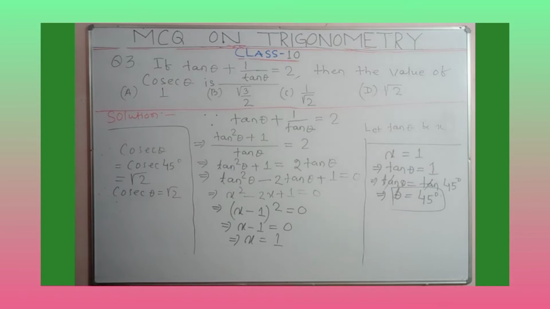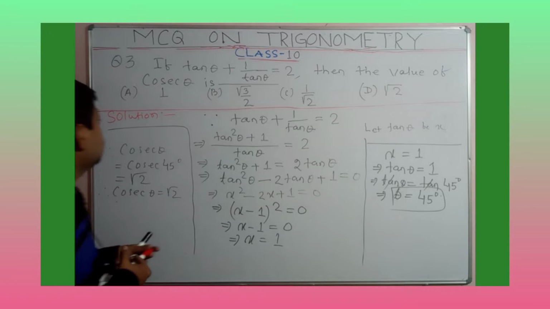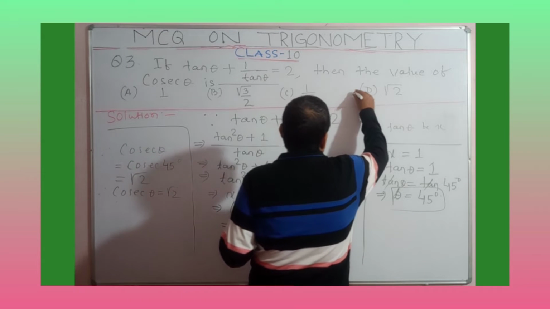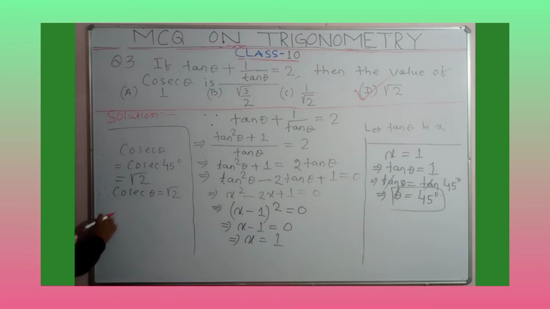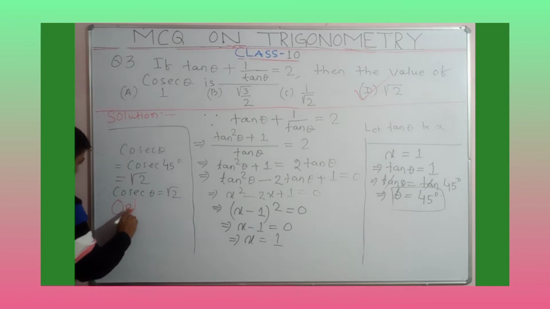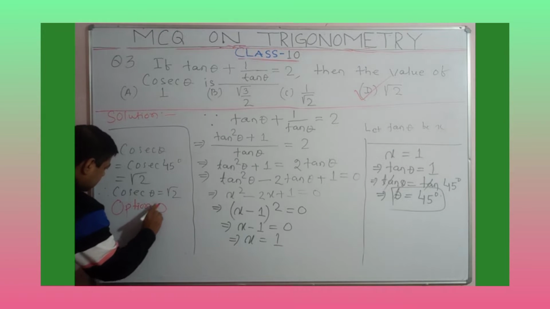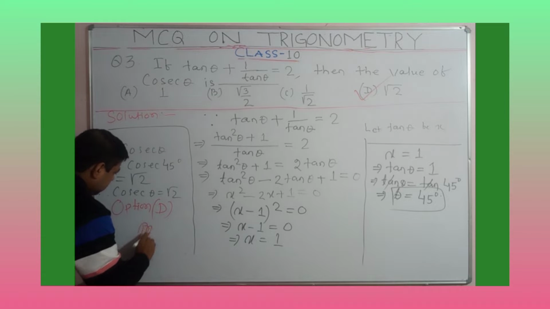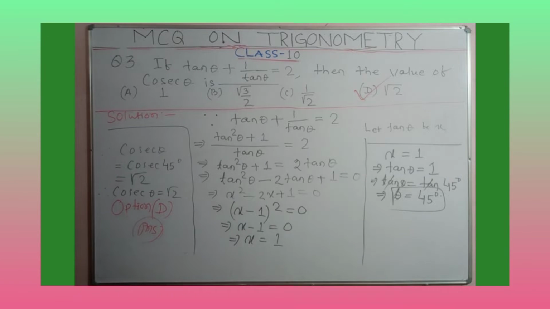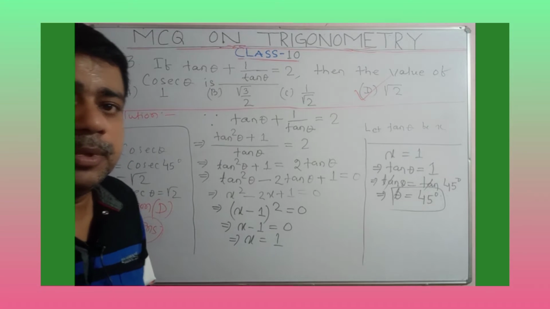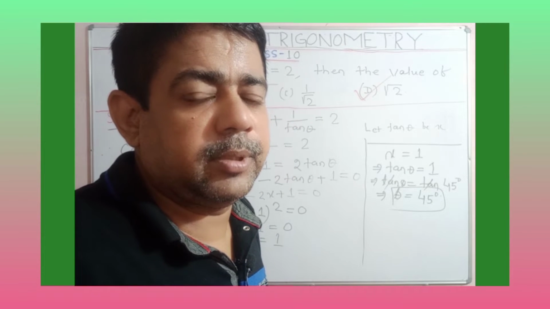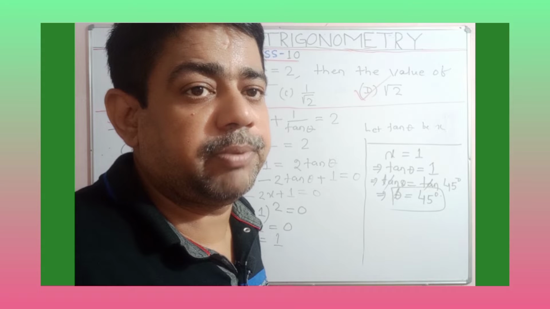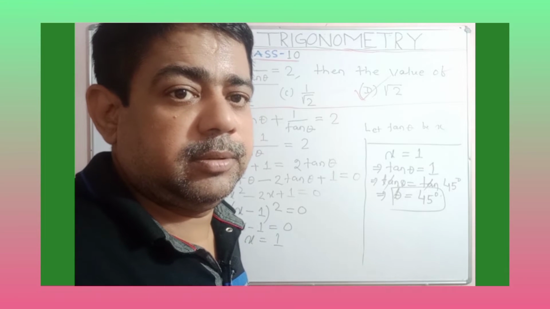Option D, root 2, is the correct option. Is it clear? Understand? Just follow the trick, how to solve, how to find out.